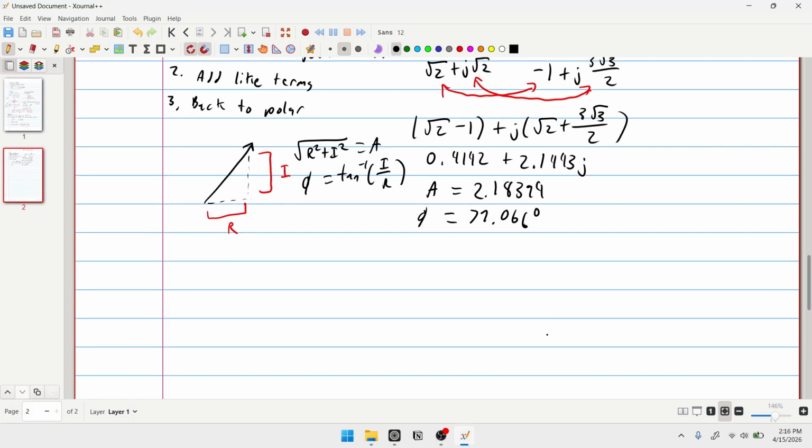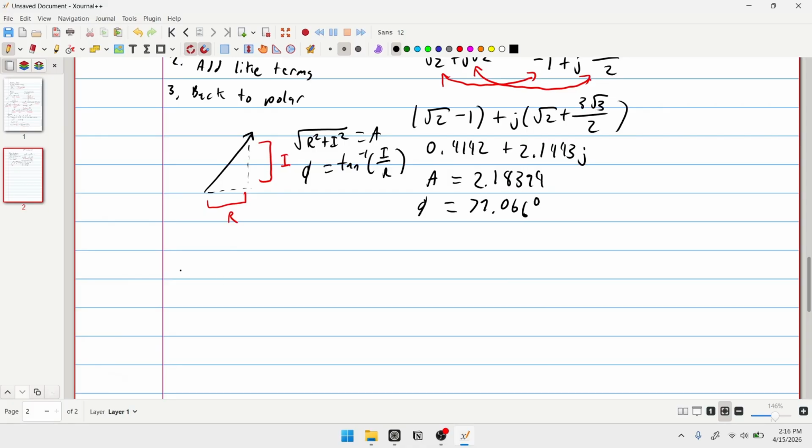Okay, now let's talk about multiplying or dividing.